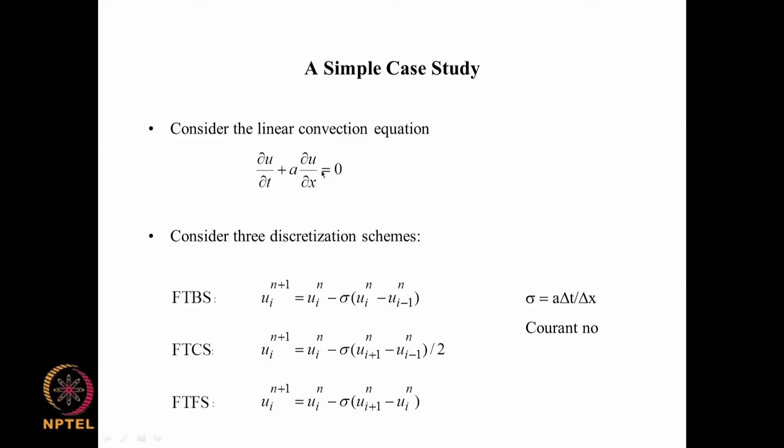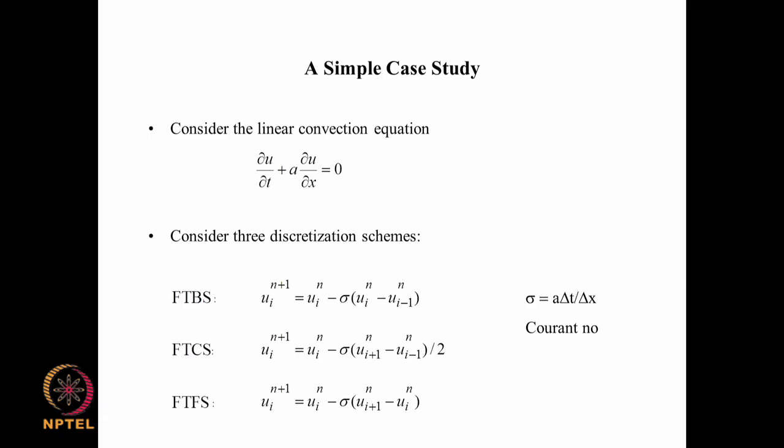This is a first order partial differential equation, and we will see some initial conditions and boundary conditions for this. And once we have an equation like this, we can readily put in a number of discretizations.